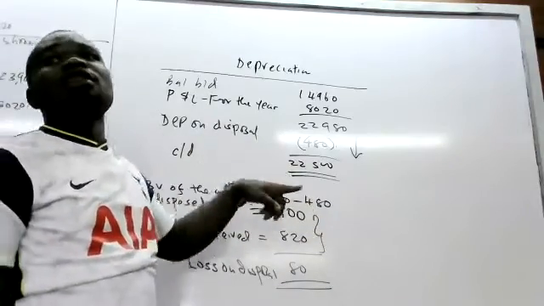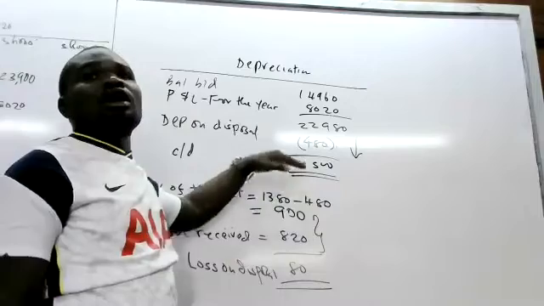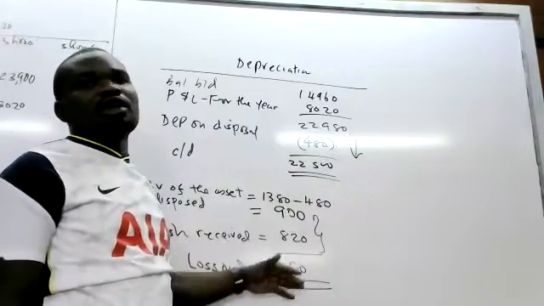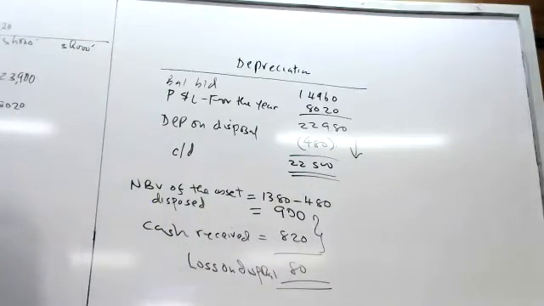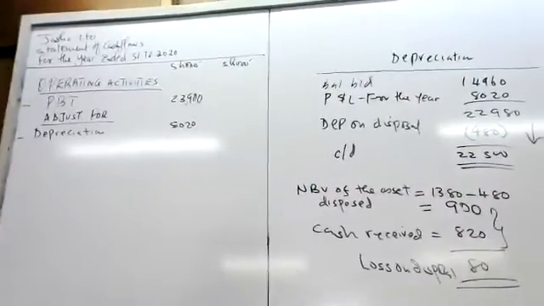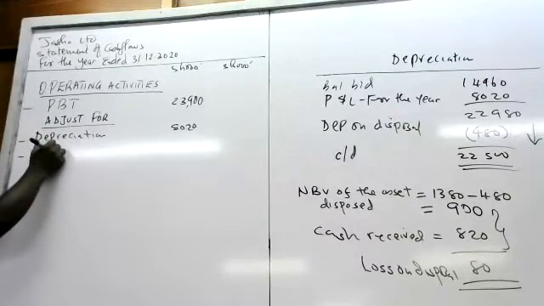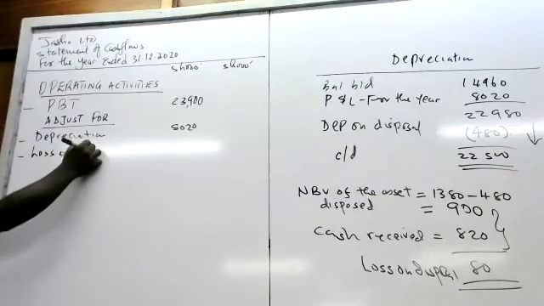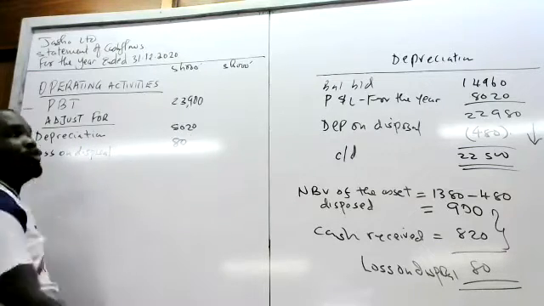They denied us the depreciation on disposal, so you reconcile the depreciation account, get the depreciation, subtract, and check. So loss on disposal is 80. Add back.